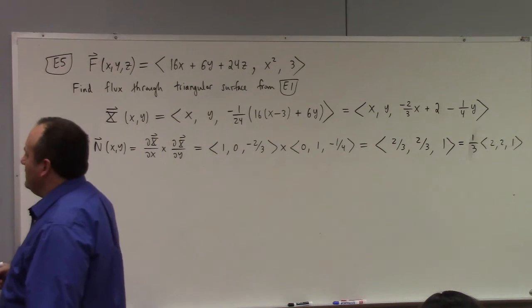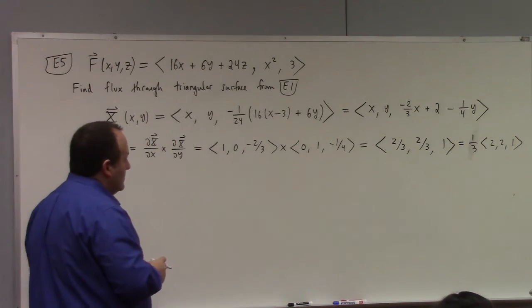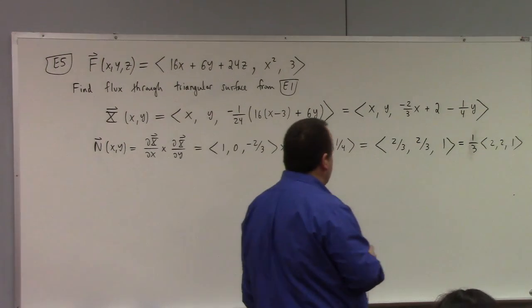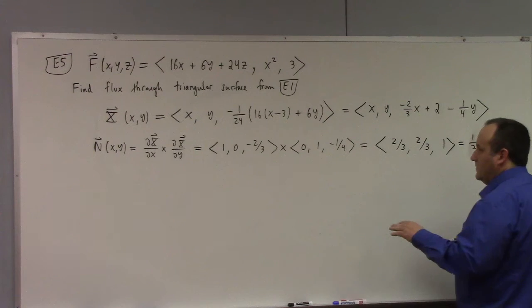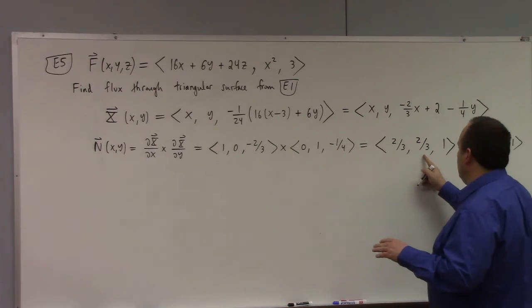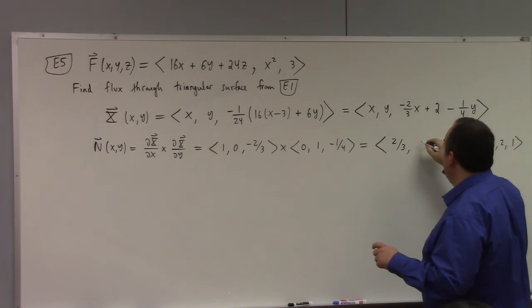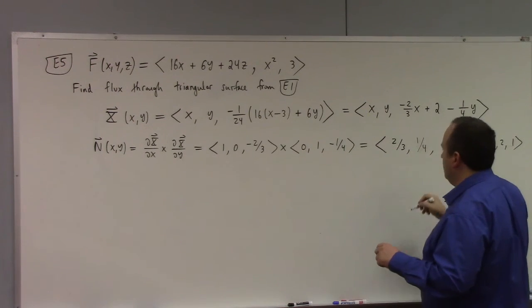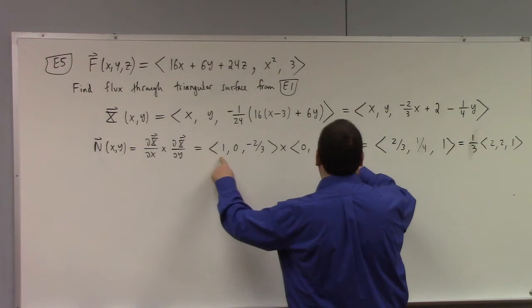I must have made a mistake. What's that? 2, 2, 3. Where's my mistake? Isn't your y supposed to be 1/4, not 2/3? You're talking about here? Yes. So that 2/3 is wrong. It's supposed to be what? 1/4. 1/4? Let me check that. Oh, yeah, thank you.